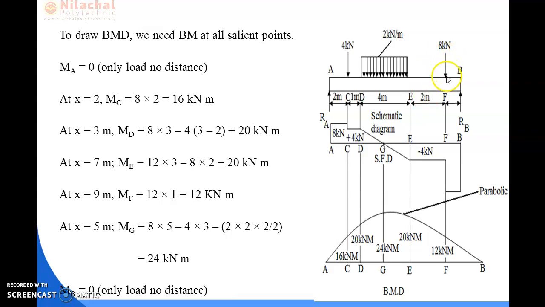The distance between this point load and point E is 2 meter. Hence the moment for this point load is 8 kilonewton into 2 meter. The sign will be negative because this point load gives a hogging moment towards point E. So we can write 12 into 3 minus 8 into 2. As a whole, the value will be 20 kilonewton meter.